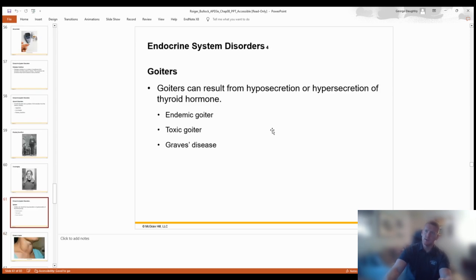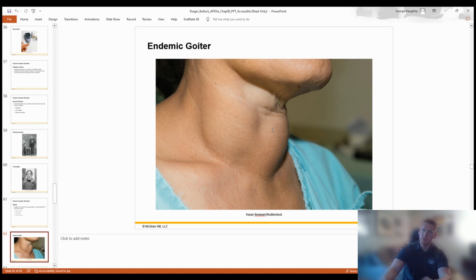Okay. And then finally, there are goiters. Okay. Goiters can happen from hyposecretion or hypersecretion of thyroid hormone, like we talked about. If you're iodine deficient, then that can result in problems with thyroid hormone functioning. Goiters are swelling of the thyroid gland, and it looks like this right here in the picture. This is an endemic goiter.